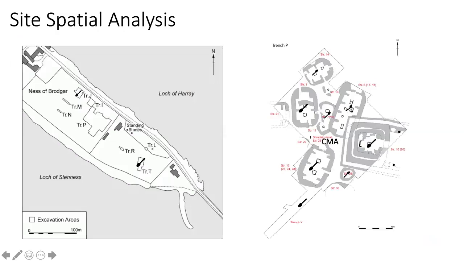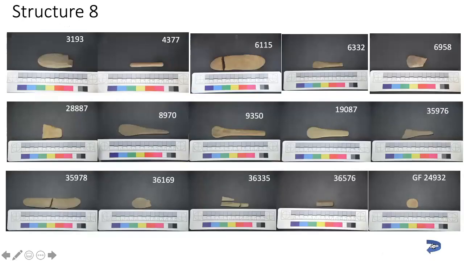And then we'll look at structure 8. The thing that kind of jumps out a little bit about structure 8 is all of these spoon-shaped. Broken one here, there's a broken one here, and then these almost complete and complete spoon-shaped ones.